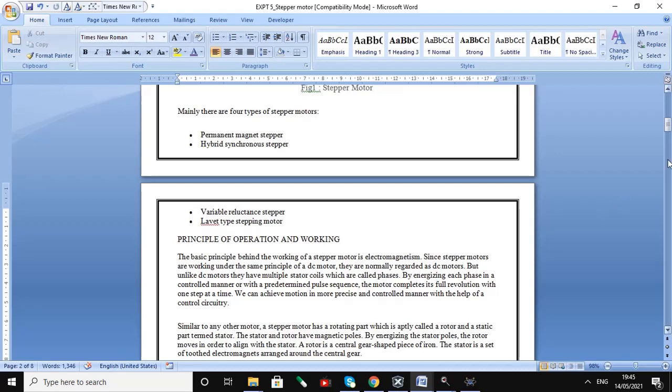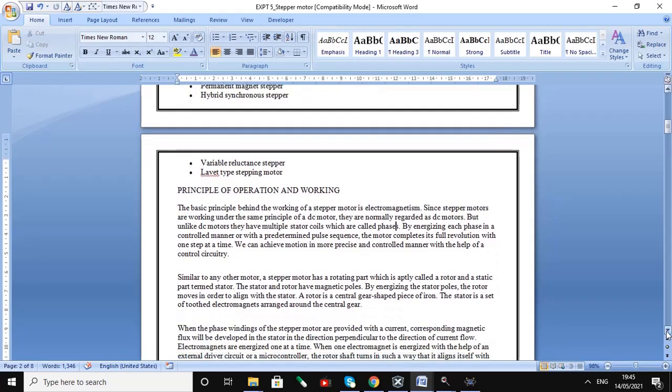By energizing each phase in a controlled manner, or with a particular phase pulse sequence, the motor completes its revolution one step at a time. We can achieve motion in a more precise and controlled manner with the help of a control circuit.